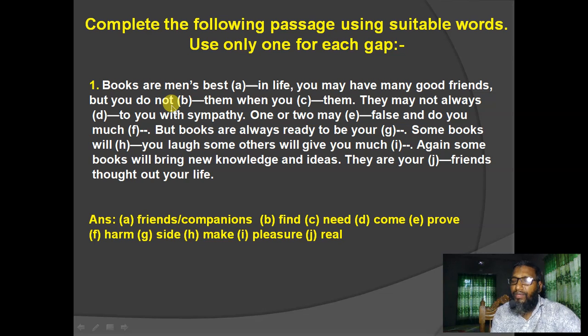We know that do not, does not, and did not. After do not, does not, and did not, you must use a verb in the base form. You do not have, or you do not get, or you do not find them when you need them. Okay, when you need them. Here also you have to use a verb.